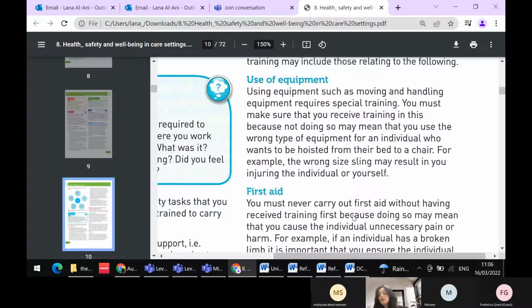You might handle the equipment the wrong way. Maybe you will drop it, break it. Also, you might handle people the wrong way, and maybe you drop them and they hurt their back. So always make sure you have the right training.